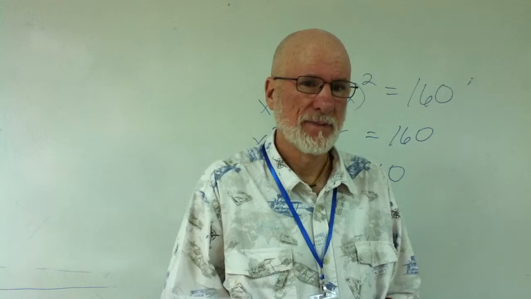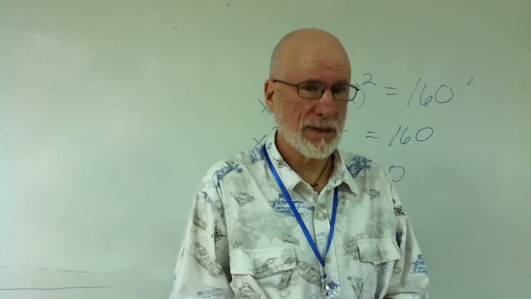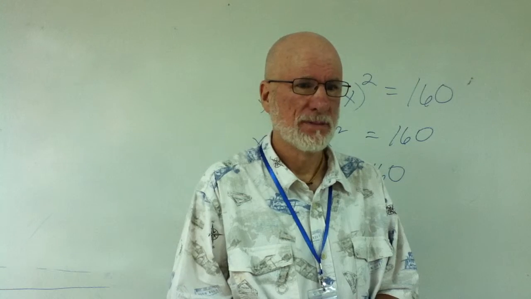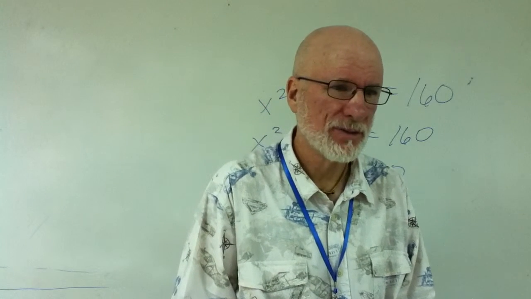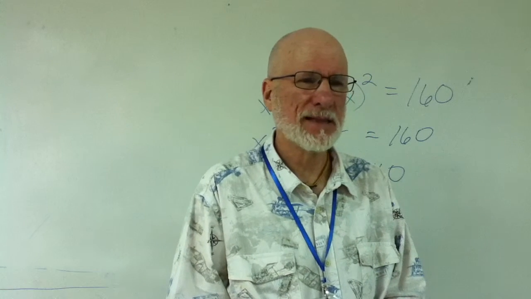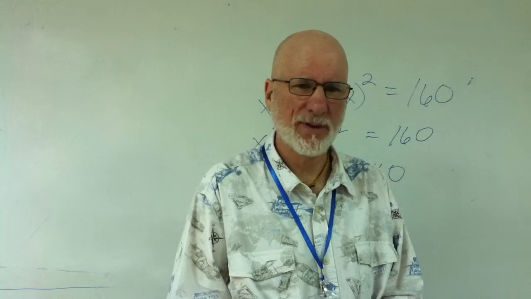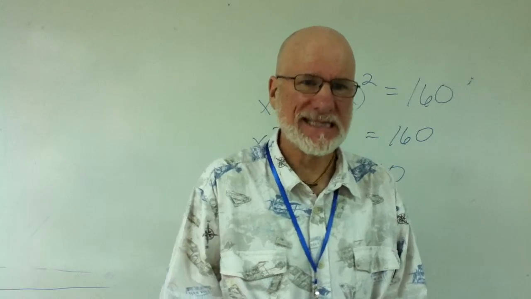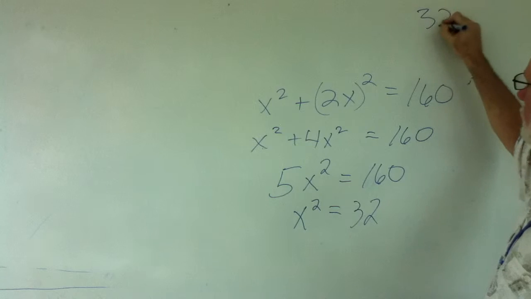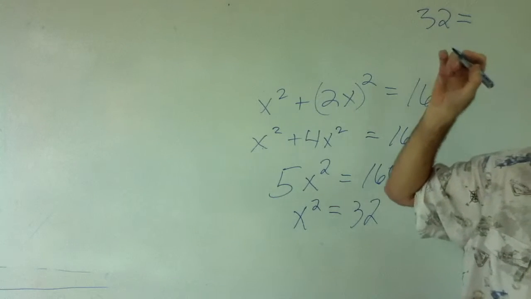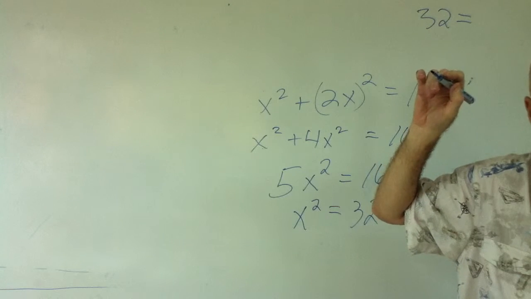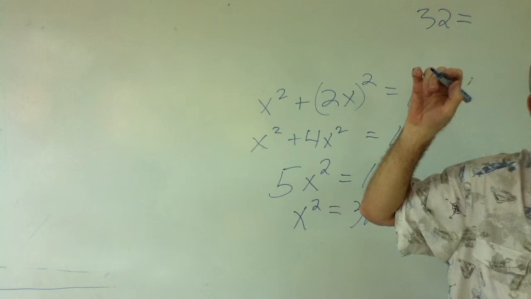Yes? 4 times 2 is 32? No, 4 times 4 times 2. Yeah, but he said 4 times 2. I said 4 times 4 times 2. Yeah, but I want 2 numbers, not 3 numbers. I'm trying to get you to see this. Can I write 32 as 2 factors? Yes. 16. Didn't I say 2 numbers?